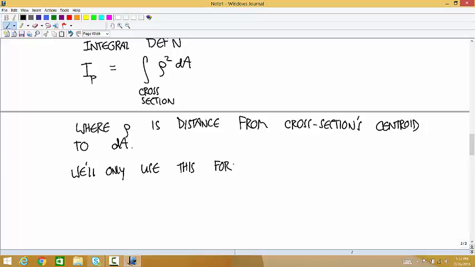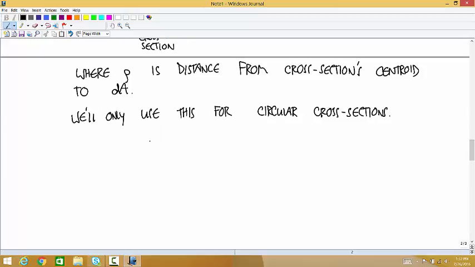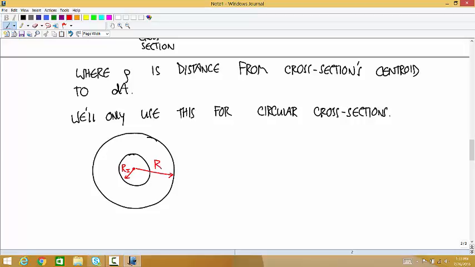So I'm going to go through the calculation from this definition for the circular cross-section. Okay, so let's say we have a hollow circle. I'll call this capital R inner and this capital R outer.